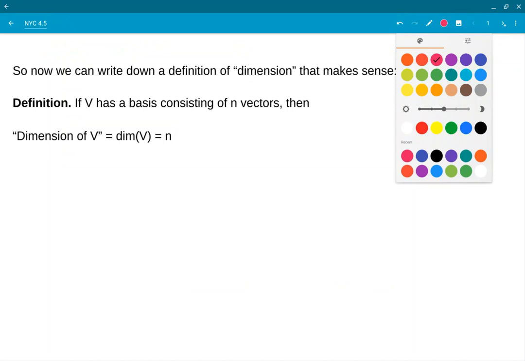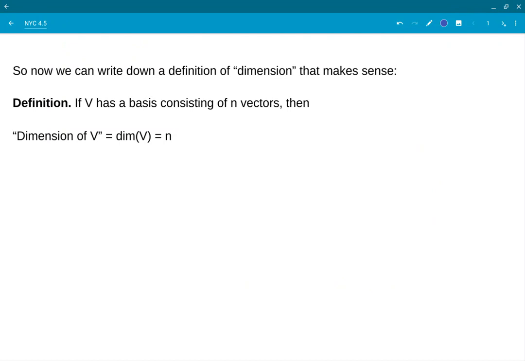Okay, and we'll notice that this corresponds with what we think of as dimension in the case of R2, R3, R4, and whatnot. If you go dim R2, you'll see that's obviously 2, since we have the standard basis. I'm not sure if I mentioned standard basis. This is a very simple basis consisting of E1, E2.